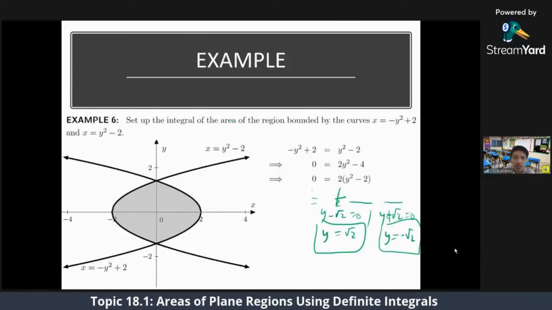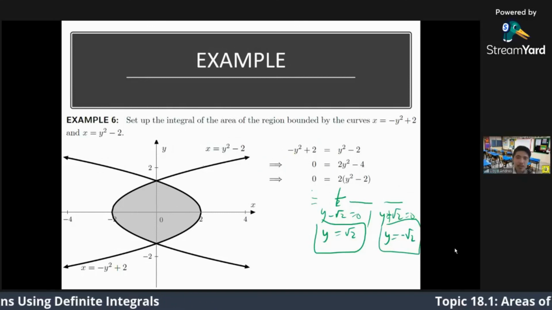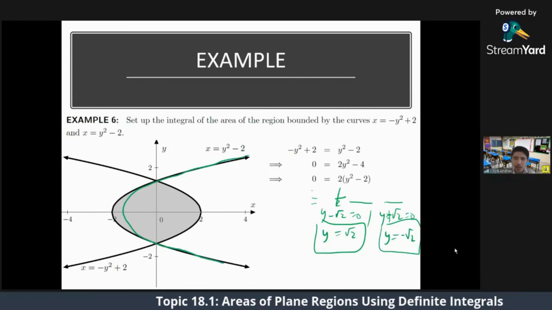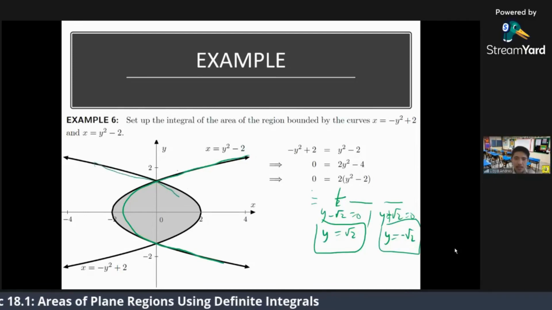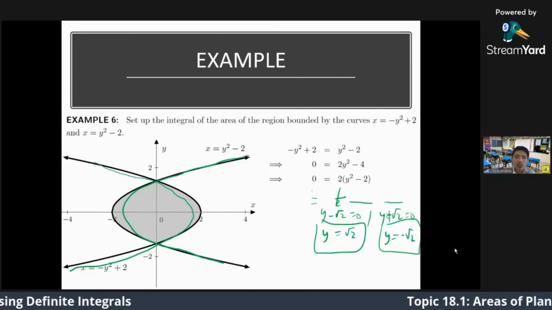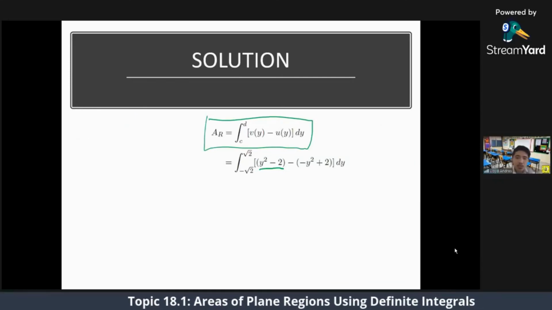By the way, sorry, let me correct this. It was reversed earlier. So our right limit is y squared minus 2.